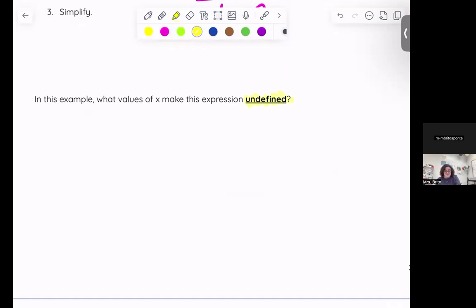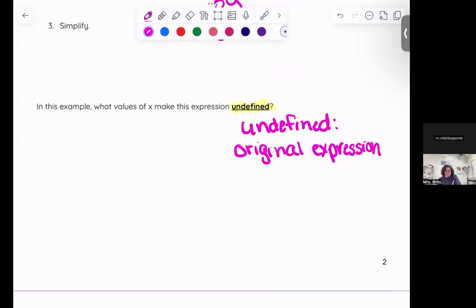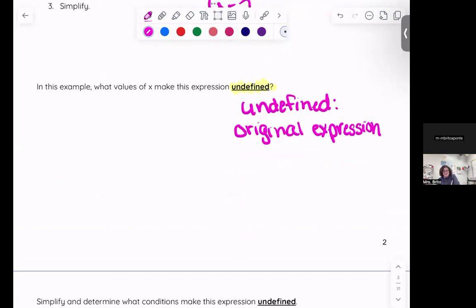An expression is undefined, and you need to write this down, when the denominator of the original expression equals 0.